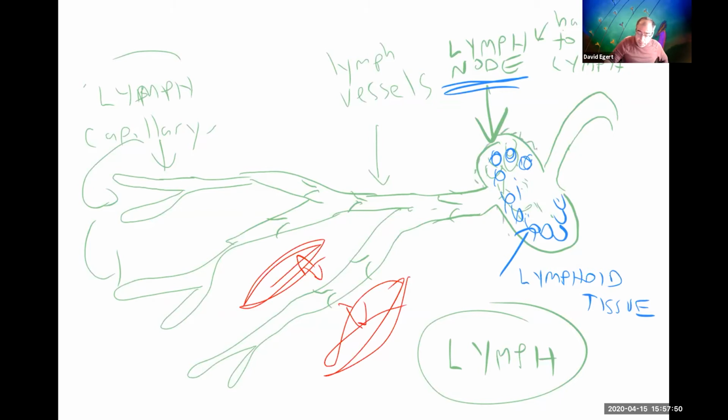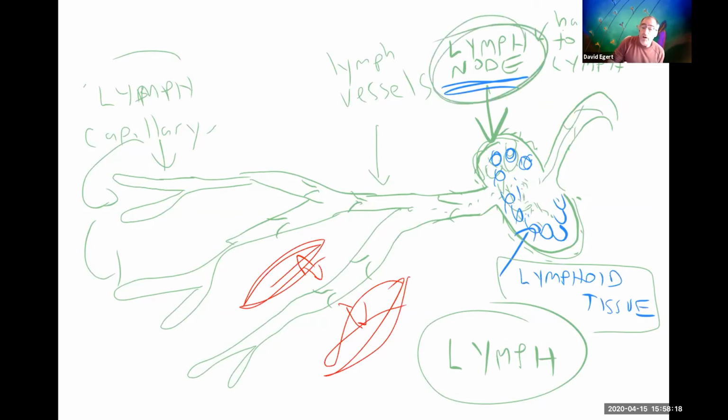It's a little bitty organ, about the size of a bean. Think about a little pinto bean. It's got a little connective tissue capsule around it, and a bunch of this lymphoid tissue, these white blood cells that help keep you safe. And the lymph is percolating through it, getting cleaned up, and then continuing on its way.